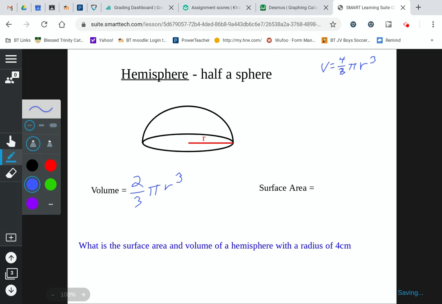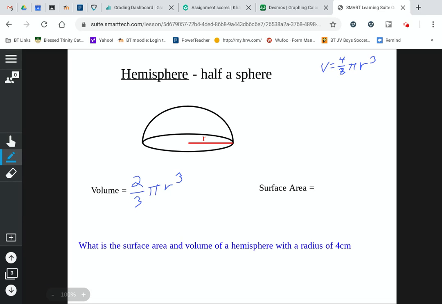Now, surface area is slightly different. The surface area of a regular sphere was 4 pi r squared. Now, you're saying to yourself, well, we have half of that. Yes, that would cover the dome. I'm going to write dome here, the dome part of it. That is 2 pi r squared.